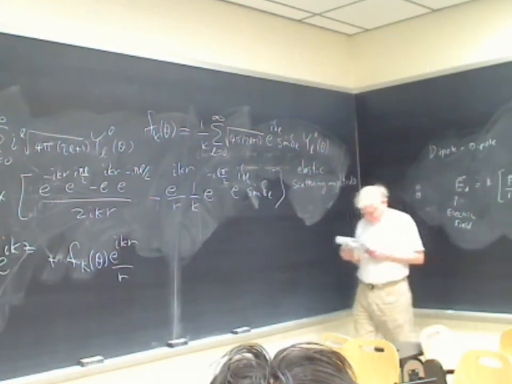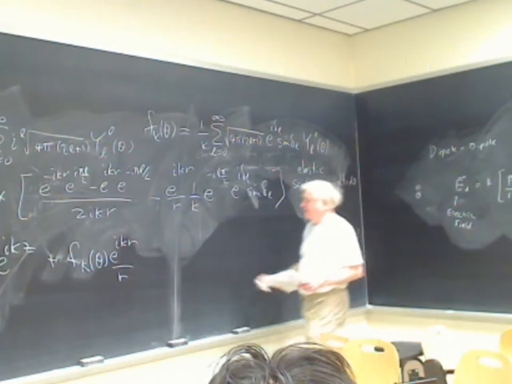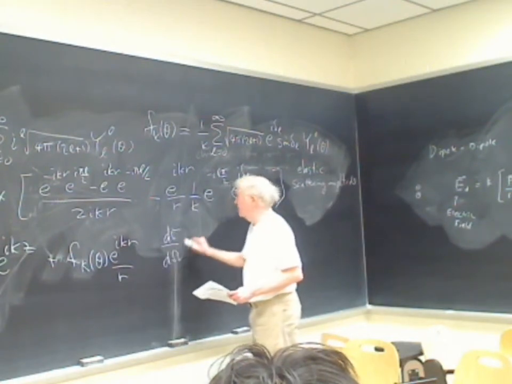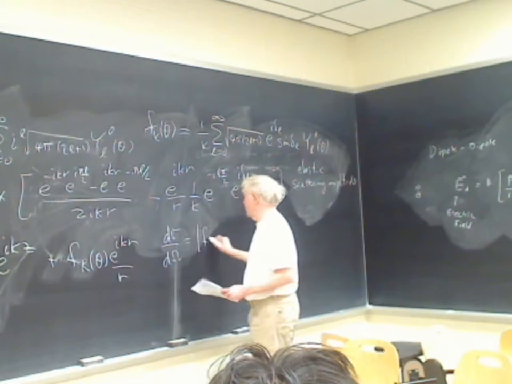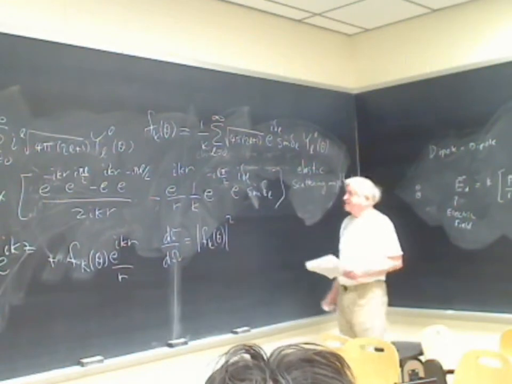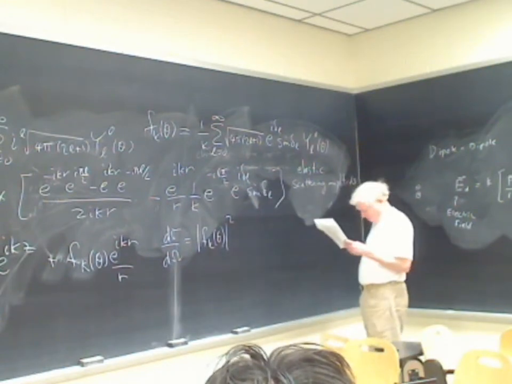All right. And as I said, the differential scattering cross section, d sigma d omega, is just |f_k of theta| squared. All right, now what is the total cross-section?